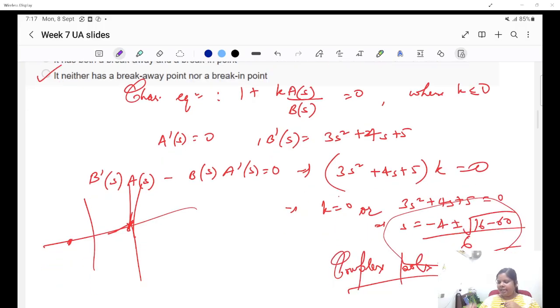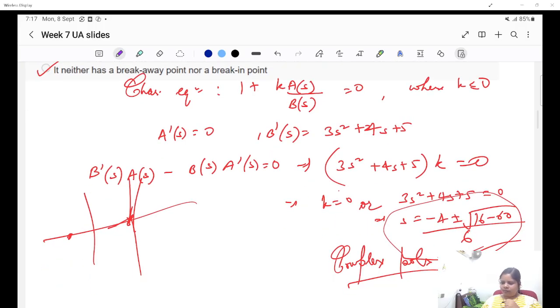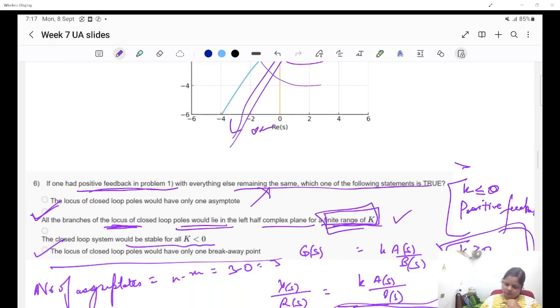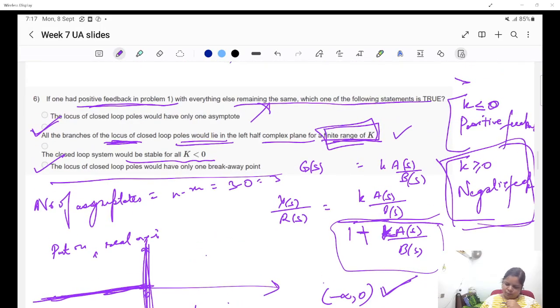Yes, this analysis. There is no breakaway. Because ultimately we are going to use this equation only, k as upon ps, and from here we are going to get the same answer. So there is no breakaway point, so B is the correct answer.